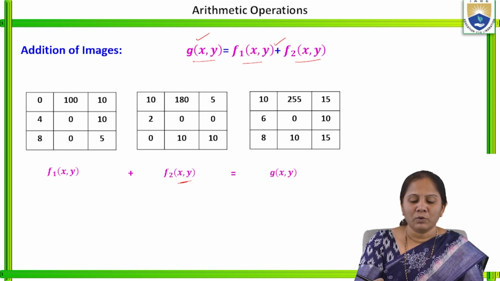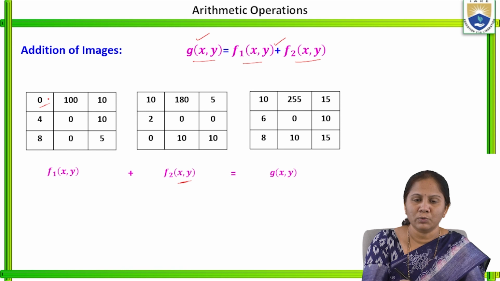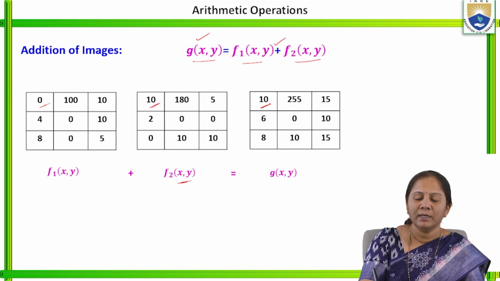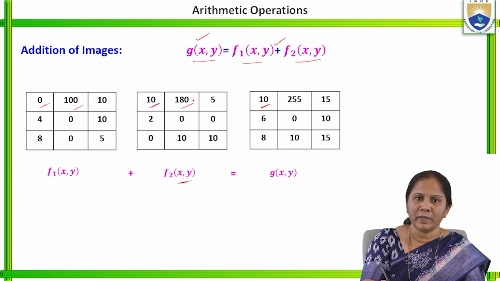Following the rules, we perform the operation. The first value in image 1 is 0, and in image 2 the first value is 10. So 0 plus 10, the result is 10. The next pixel of image 1 is 100 and image 2 is 180. If you perform 100 plus 180, the result will be 280.